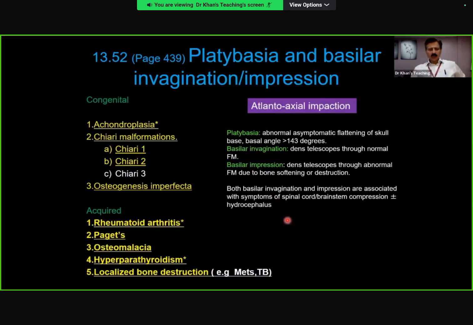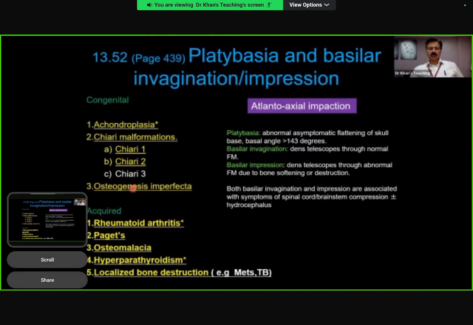Now, look at this from your Chapman, 13.52, platybasia and basilar invagination / impression, congenital and acquired. Now, in the congenital, osteogenesis imperfecta is very important to remember. And this has come in the exam. I've shown you previously, I'll show you once again.